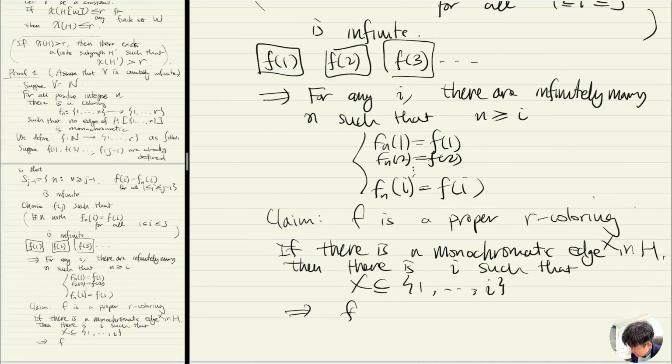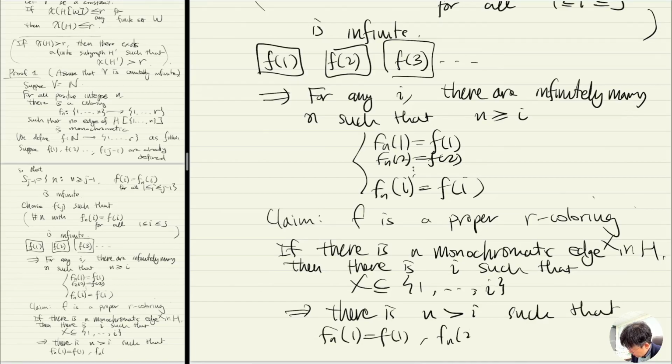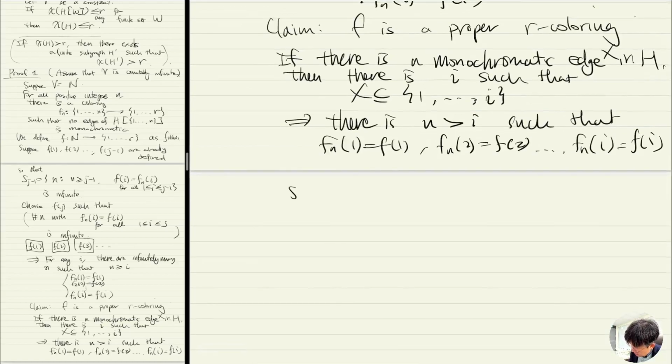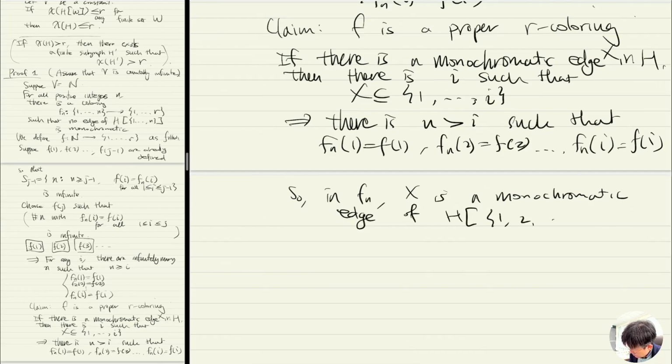Then there is n bigger than i such that f_n(1) is f_1, f_n(2) is f_2, up to f_n(i) is f_i. So under f_n, this edge is a monochromatic edge of H induced on 1 up to n.